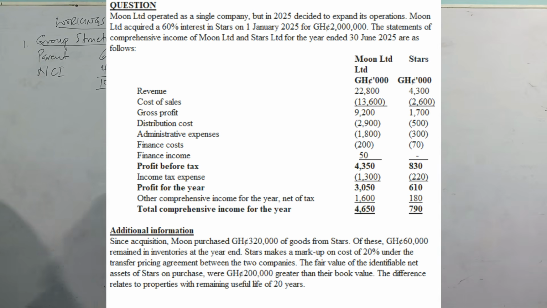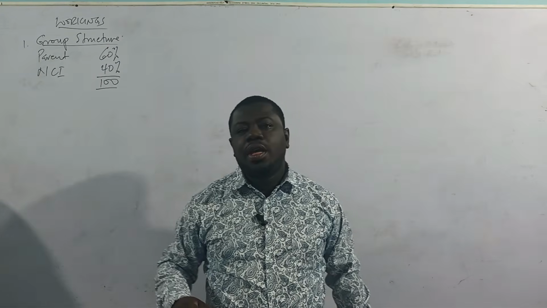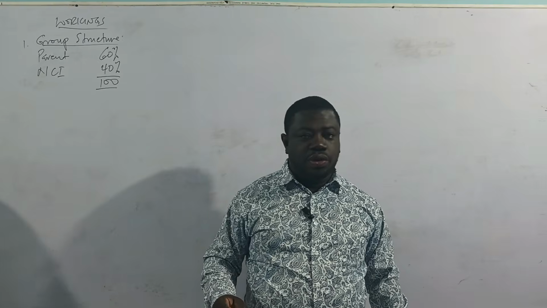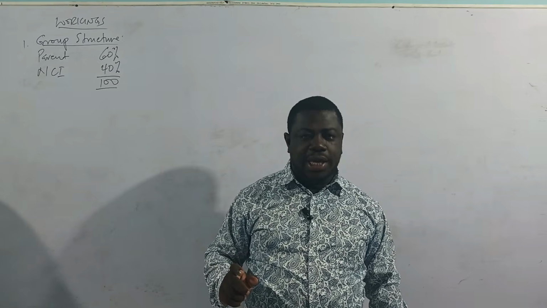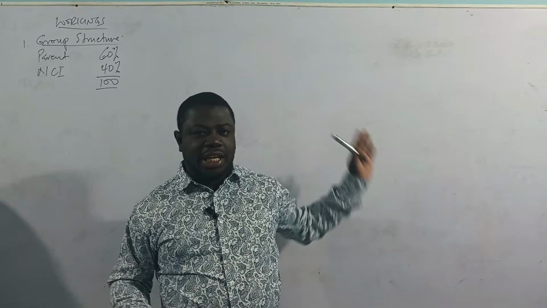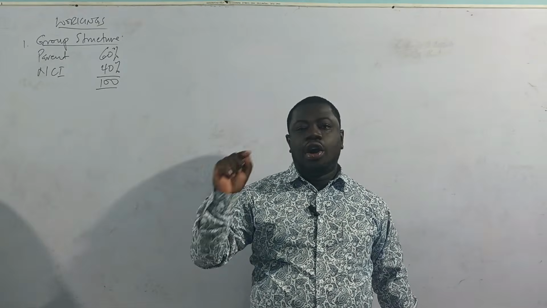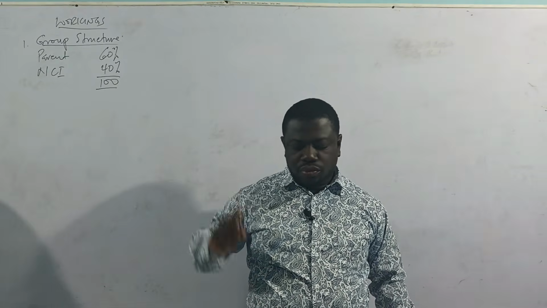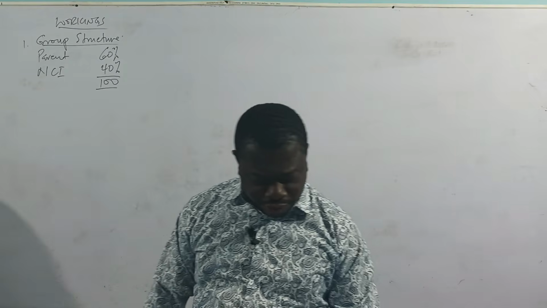Now, in the additional information, we are told that there was an intra-group loan, and we are told that we are going to apportion all expenses and income with the exception of the intra-group items. But you take note of something.